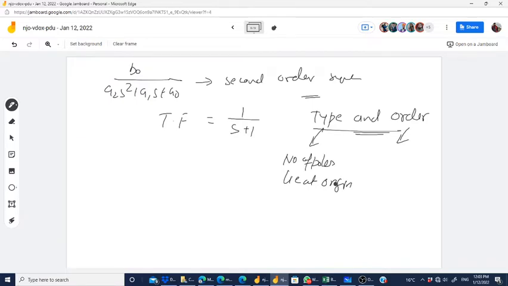Wait a minute. So number of poles lie at the origin, and also it is very important.